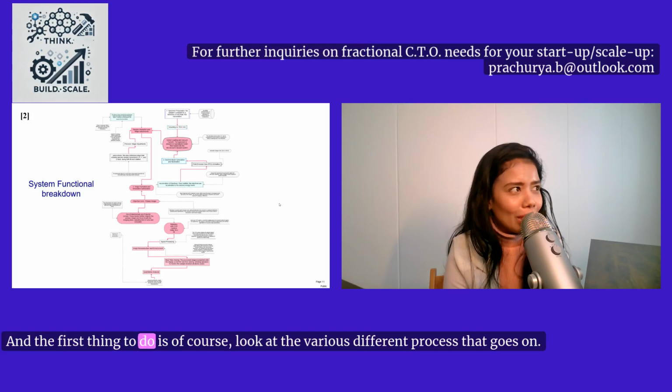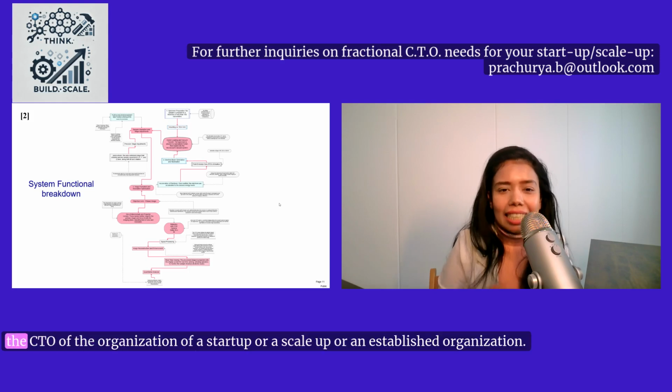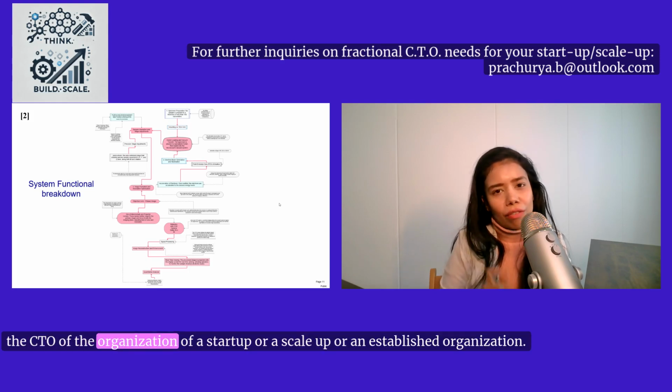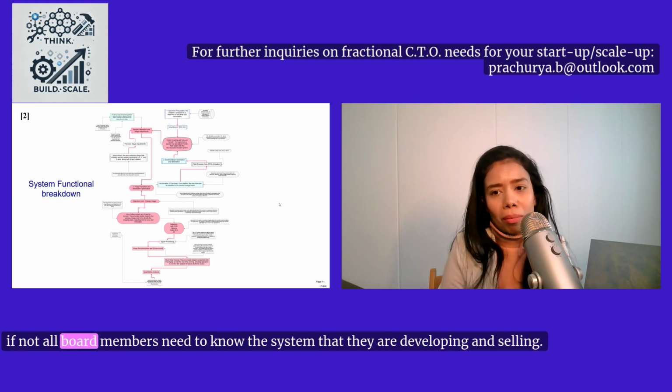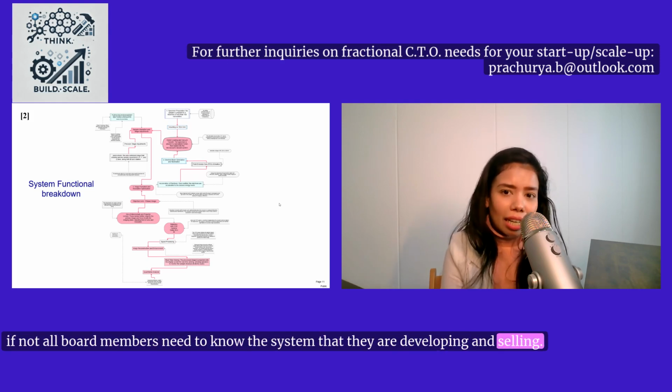And the first thing to do is, of course, look at the various different processes that go on. Now, at least the CTO of the organization, of a startup or a scale up or an established organization, if not all board members, need to know the system that they are developing and selling.